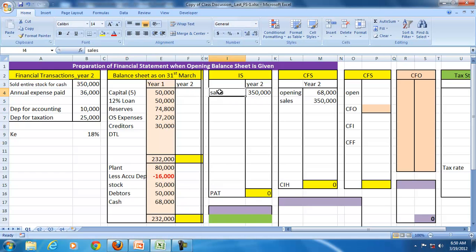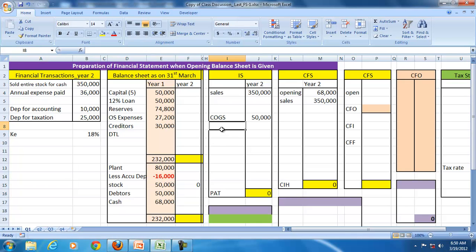But whenever there is a sale, there has to be corresponding cost of goods sold, and the cost of goods sold here is 50,000. Since there are no purchases during this period, the stock becomes zero by the end of the year.